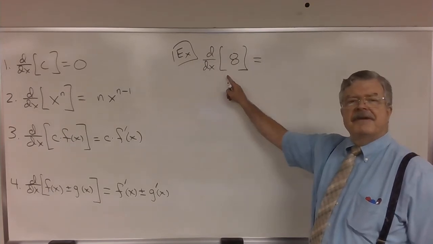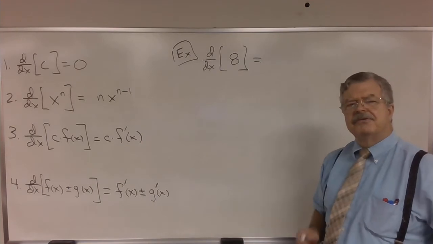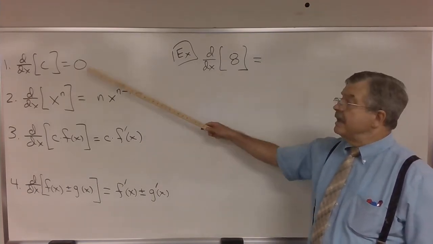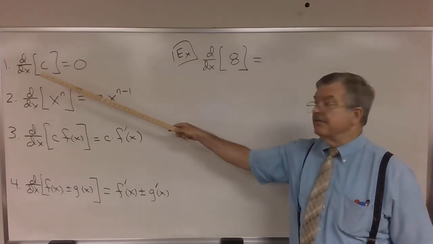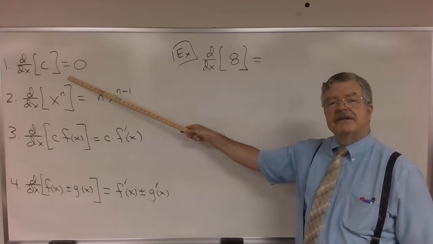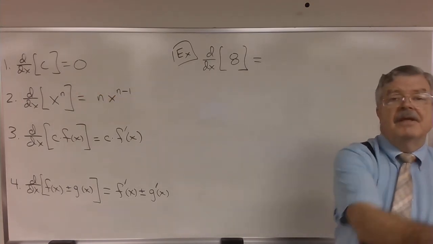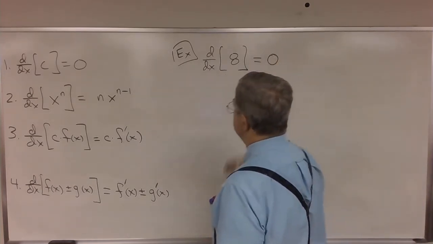The derivative of 8. What property do you think we should use to do this? Maybe property number 1, where we compute the derivative of a constant, right? And property 1 says that the derivative of a constant is 0. So the derivative of 8 is 0.